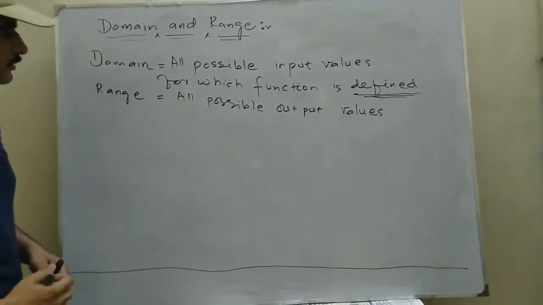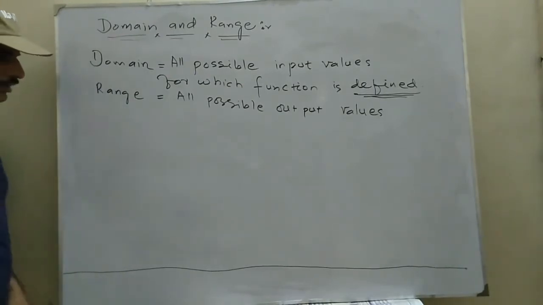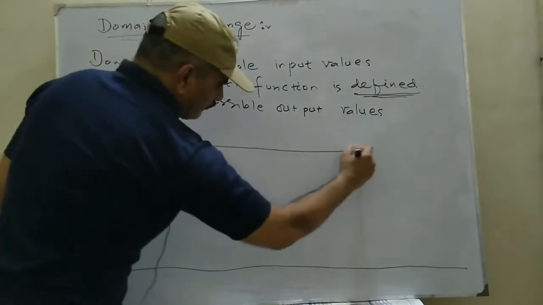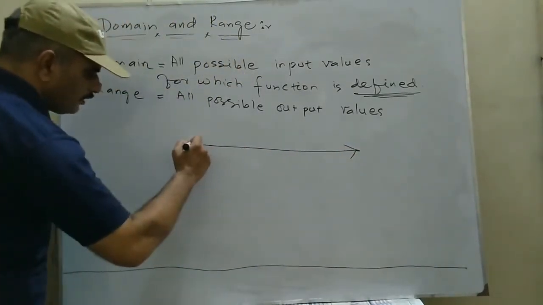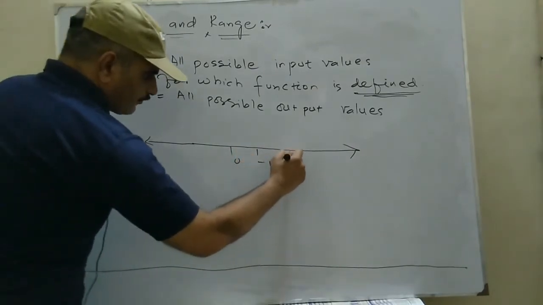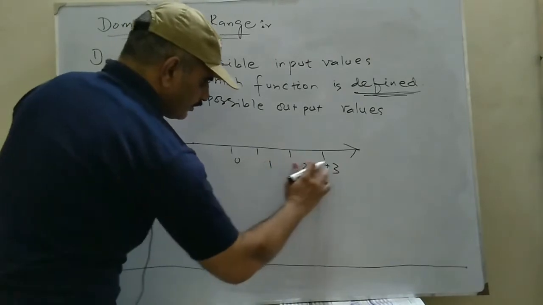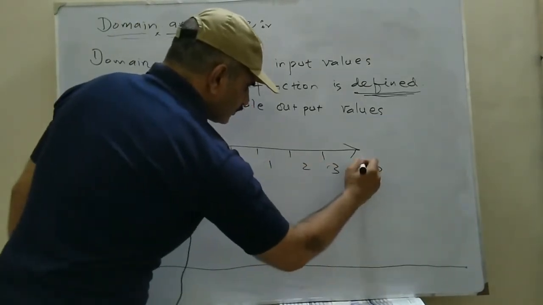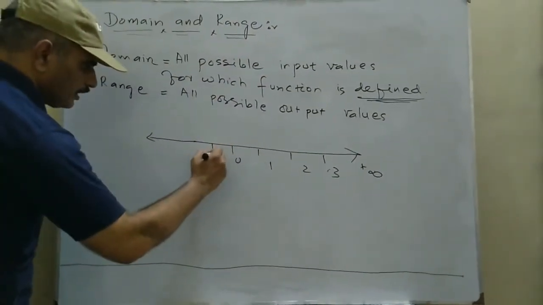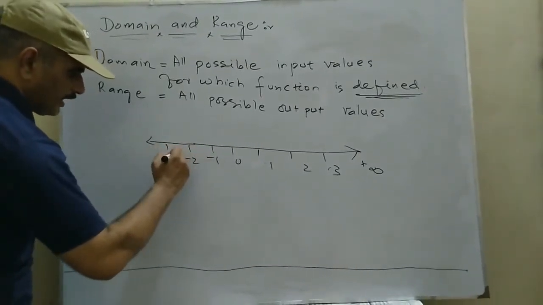When we are finding domain and range, we use the number line, and we discuss only real valued functions. By real valued function, we mean that we choose a domain from a number line.